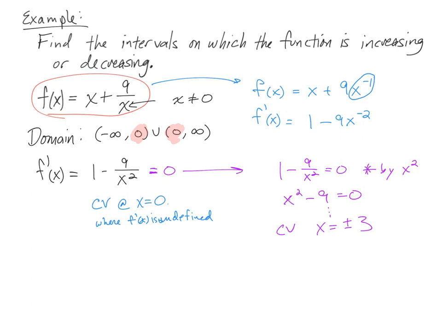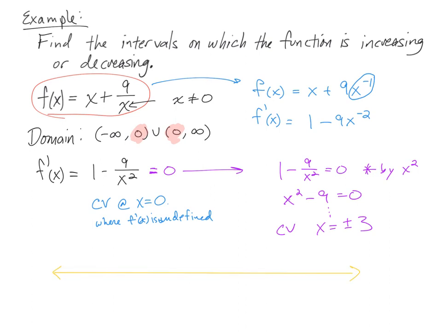Now, based on how we defined whether a function was increasing or decreasing, we have to use the derivative to figure it out. So what we do is we create a sign chart. So let me bust out my ruler again here. So there we go.